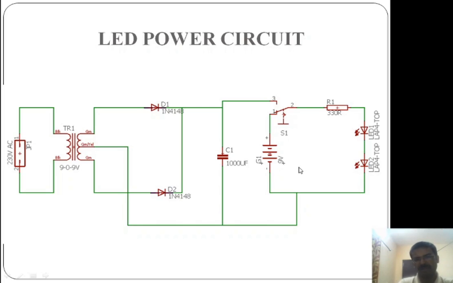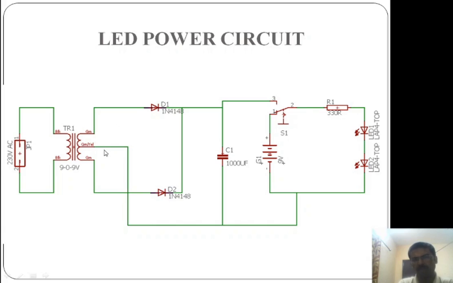So this is a simple circuit to power up two LEDs. We have designed for 9 volts, and we showed the calculation to select the resistor value in the previous part itself. Now we will reduce a few components when we go for fabrication.